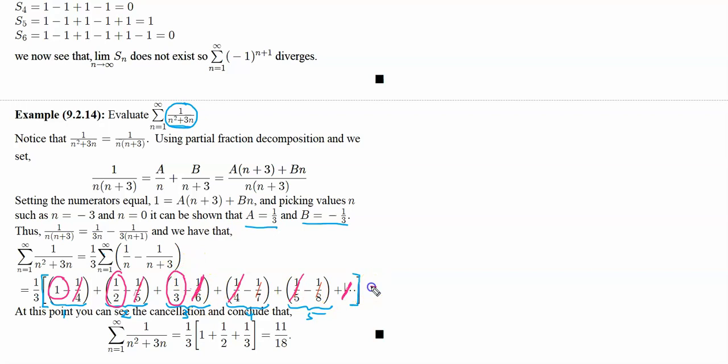So our answer is going to be 1/3 times 1 plus 1/2 plus 1/3, which is what we have right here. And simplifying that, you get 11 over 18, and there's your answer. So this is equal to 11 over 18.